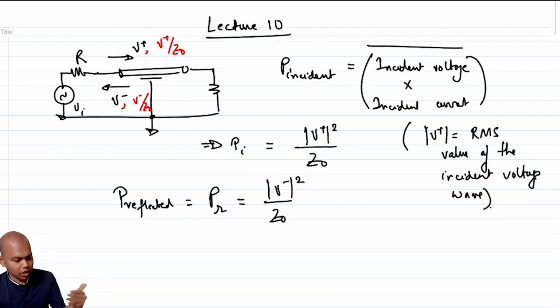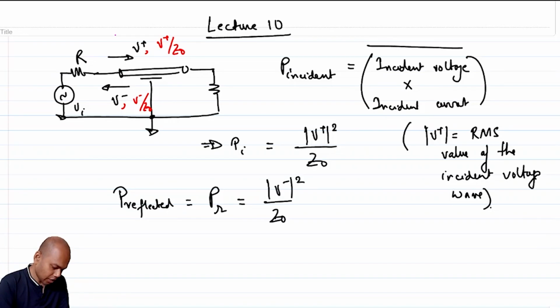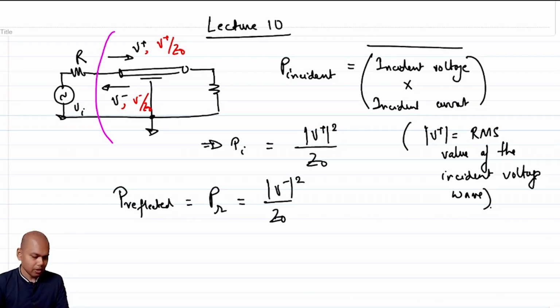So what is the total power that has gone into my network? Now note that the network definition starts at this edge. So what is the total power that has gone into the network?